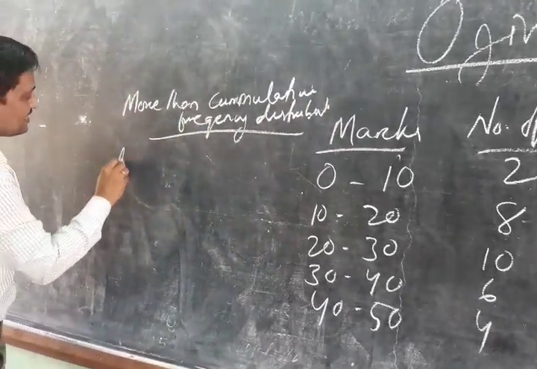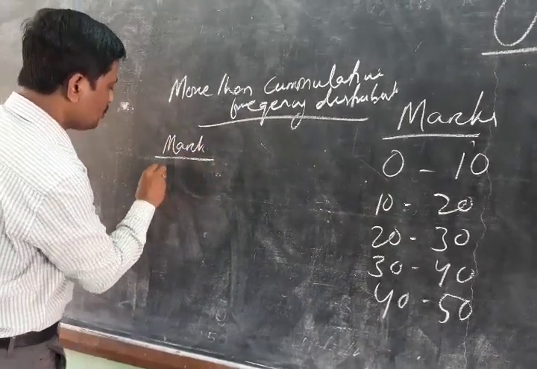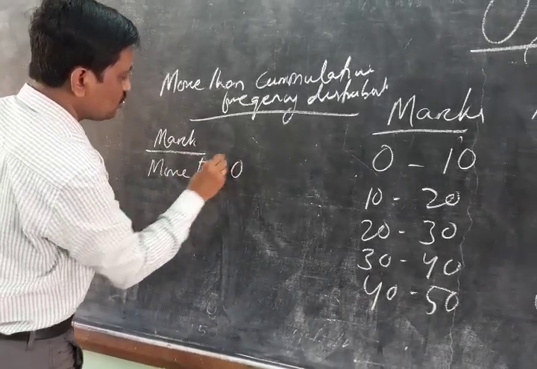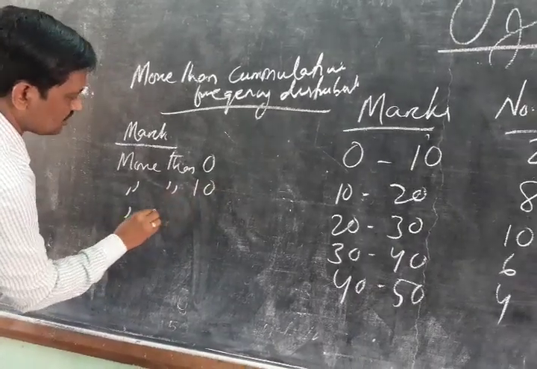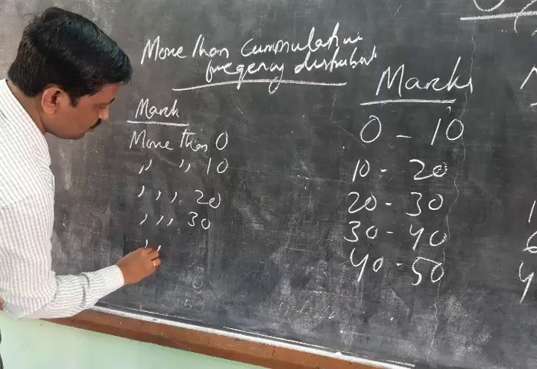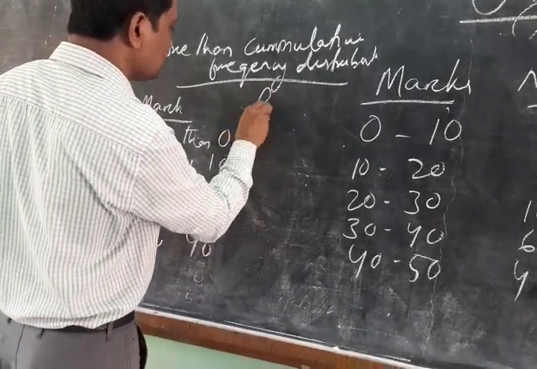We have to write like this: marks more than 0, more than 10, more than 20, more than 30, more than 40. Then you have to find the frequency.